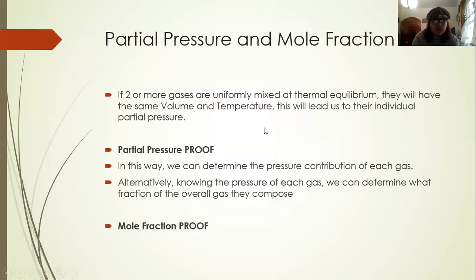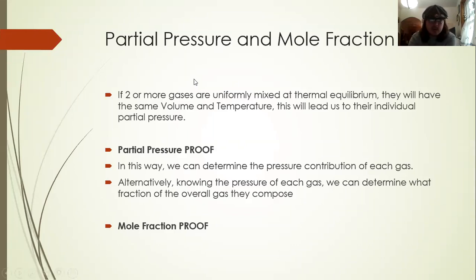Because these gases are indistinguishable, we can break apart the pressures of each gas within this situation and either look at it as one whole mixture or a whole bunch of individual gases mixed at thermal equilibrium, because they all will have the same volume if they're in the same box, and they'll all have the same temperature. So we can look at them each as individual partial pressures.